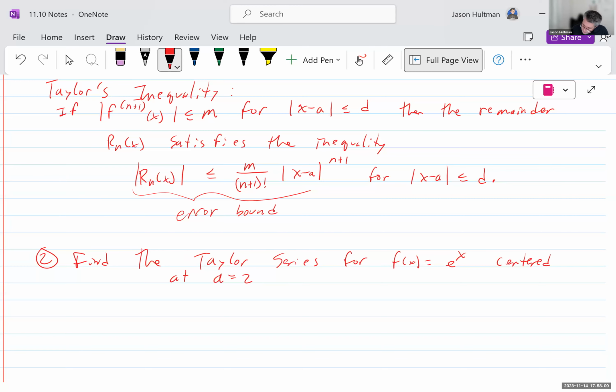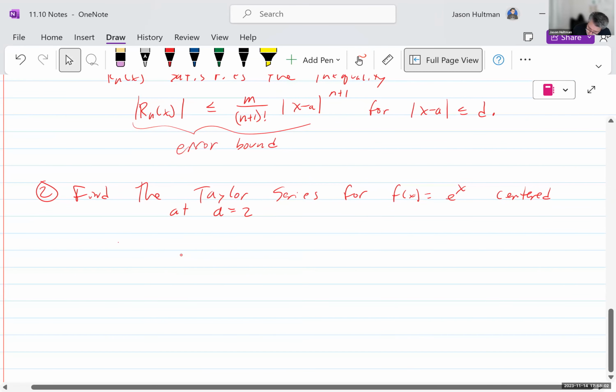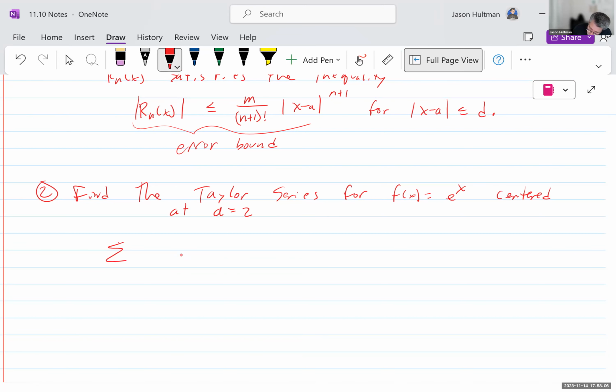So what do we need? We need the formula for Taylor series. Okay, that's the summation as n equals 0 to infinity of f to the nth derivative at a, all over n factorial, times x minus a to the nth power.